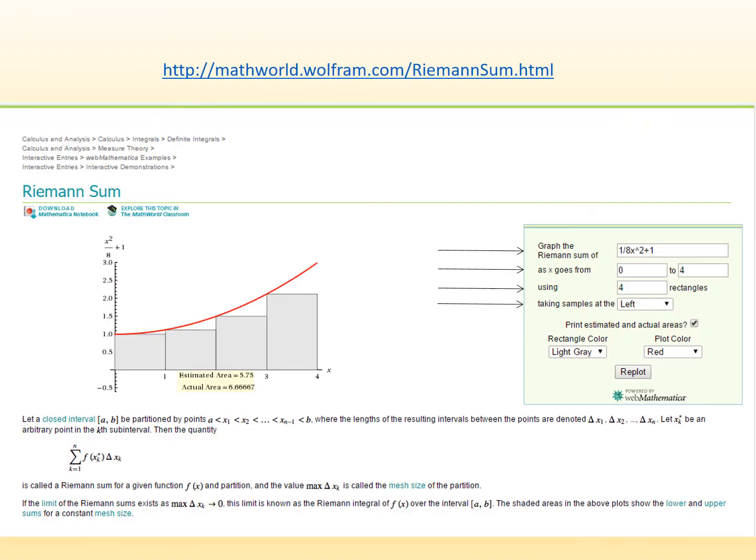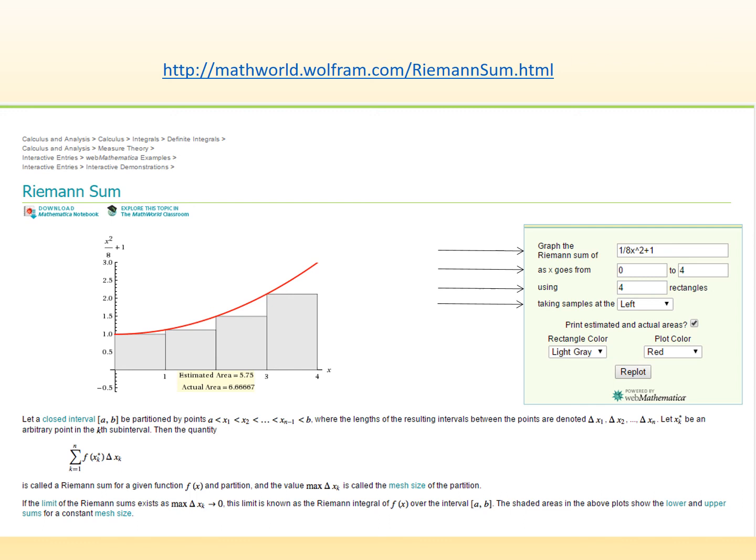I found this website, and as some of you know, you've already heard some of you talk about it. It's a really nice one, especially for visualizations. I put some arrows here next to the window where I had to input information. Hopefully you can see I inputted our velocity function, 1/8 x squared plus 1.